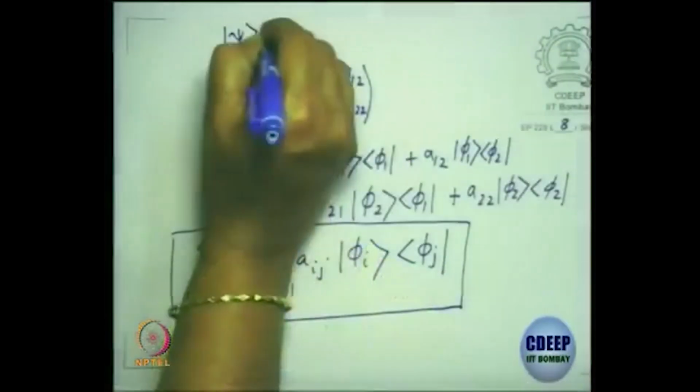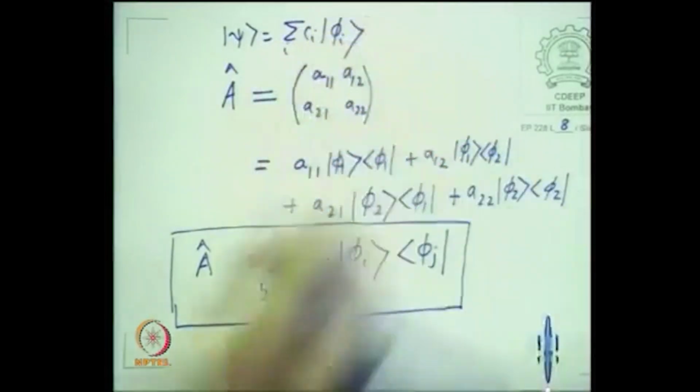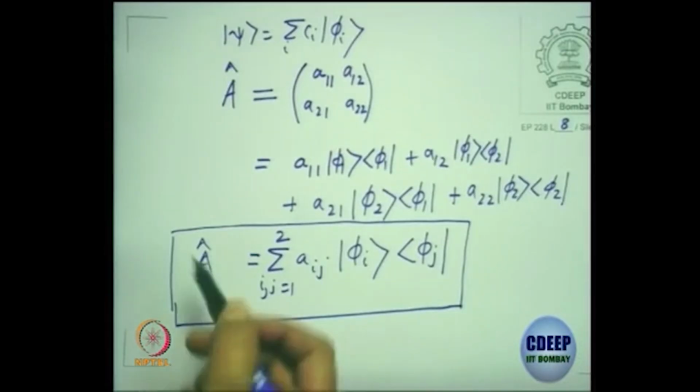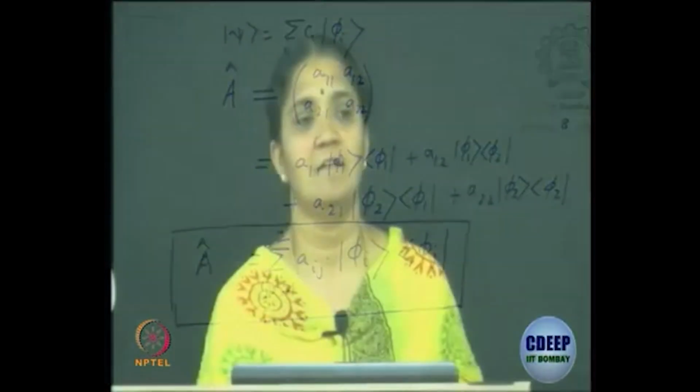So just like we wrote a state psi as summation over i, Ci phi i, I can write any operator. This operator could be position operator, momentum operator, angular momentum operator, all possible. By operator I mean anything which you see in the observable.